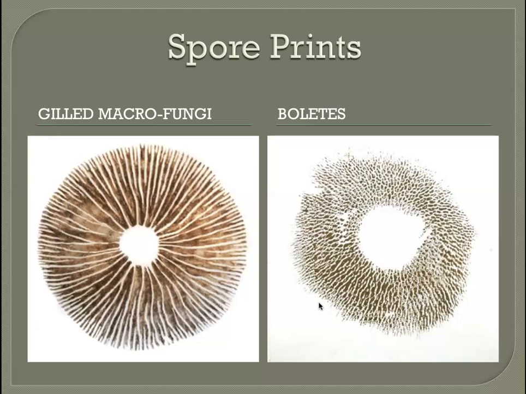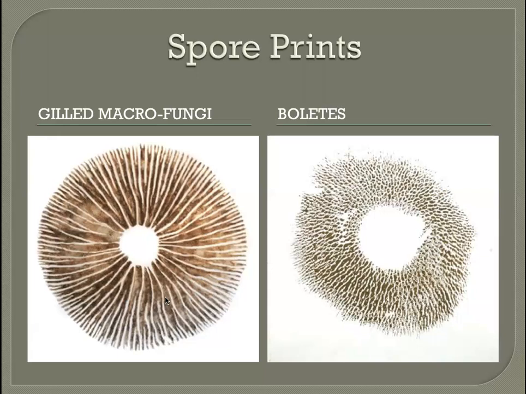So what I do is sometimes I'll draw a circle about the size of the cap, and then I'll color half completely black. I would color this side all black with a Sharpie marker, fill it in all the way, and then take that cap and lay it down on top of that circle that I've drawn where I have a white side and a black side, and allow that cap to sit for some time.